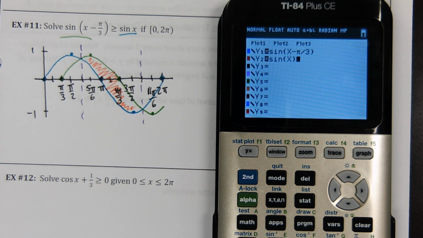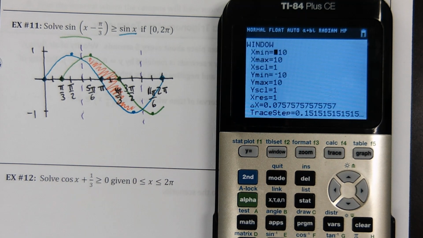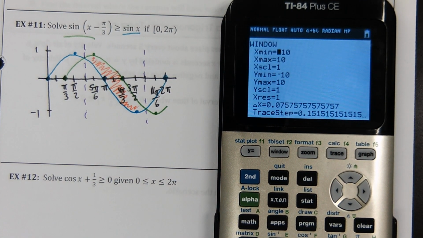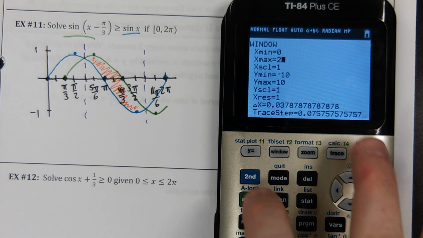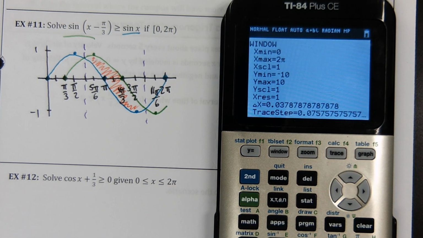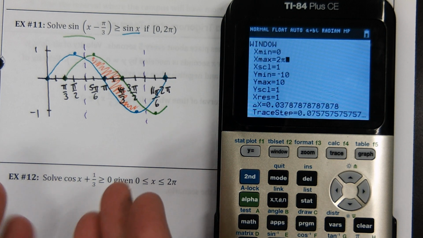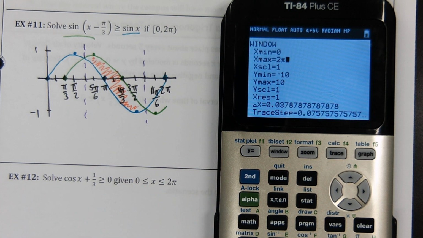Cool? What we want to do is go to Window, and we want to adjust our window so that it looks like this. We know that we're going to go from 0 to 2 pi on the x-axis. What would you like your scale to go by? What did our scale go by? It went by pi over 6s, didn't it?